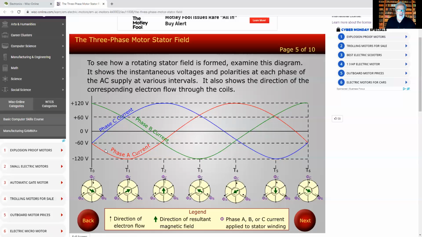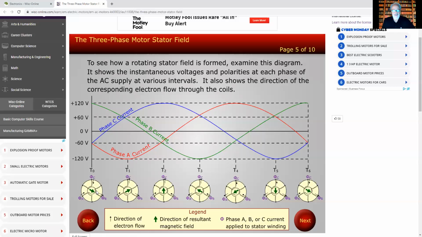Not sure that's particularly important, but something kind of neat is that when phase B is at 120, phase C and A are both at minus 120, so they basically cancel each other out. That's something to observe. At every point you'd see that they're the same.